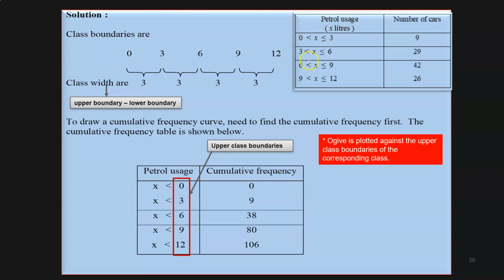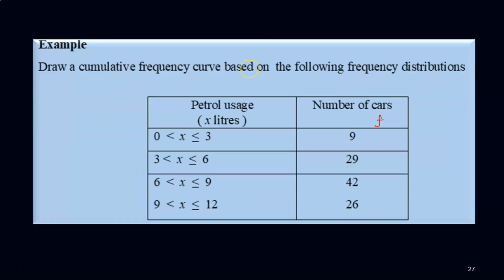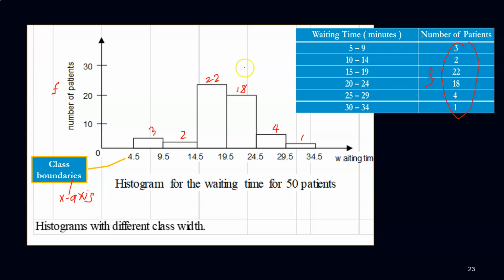Dia terus ambil kalau macam ni. Kalau yang melibatkan greater than, less than sign ni, you terus ambil straight away daripada sini. 0, 3, 3, 6, 6, 9, 9, 12. Terus ambil macam ni. Itu akan jadi dia punya class boundaries. No need to plus or minus 0.5. Yang you kena plus or minus 0.5, the one yang ada guna dash ni.